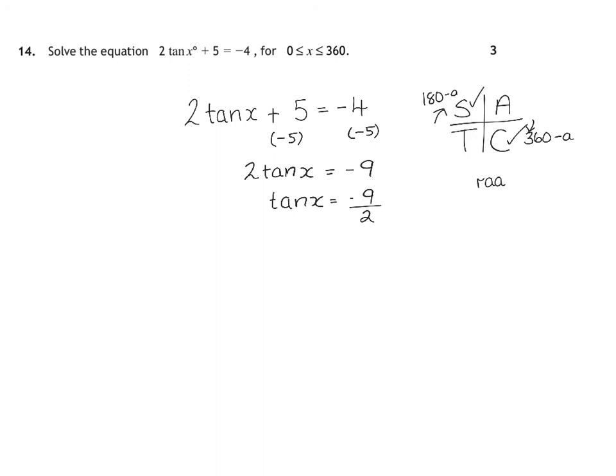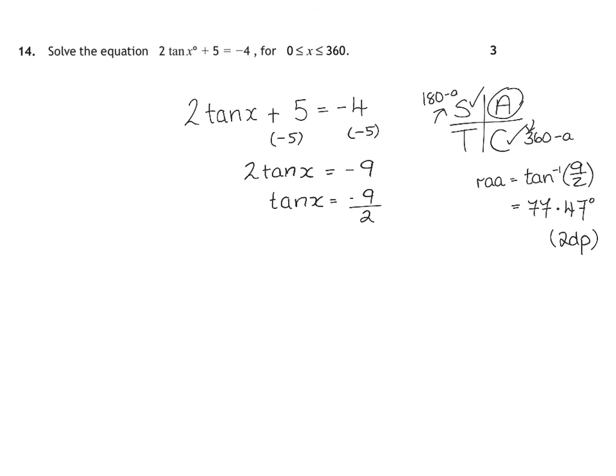So we need to find out what the angle would be in this first quadrant here, and that's going to be by doing the inverse tan of 9 over 2. So when we do that, we get 77.47 degrees. That's to 2 decimal places.